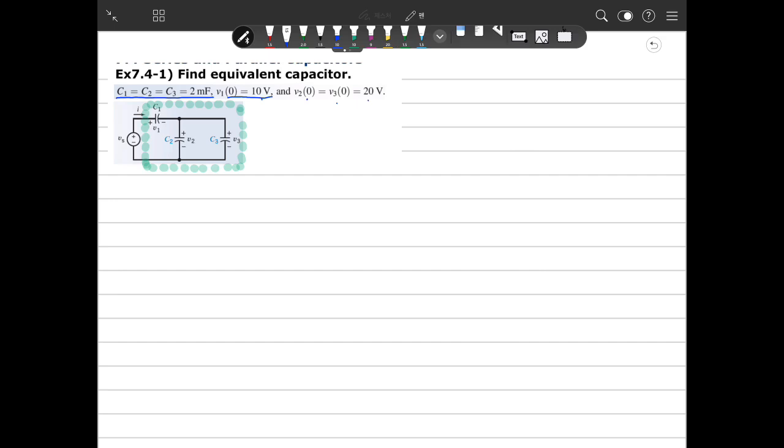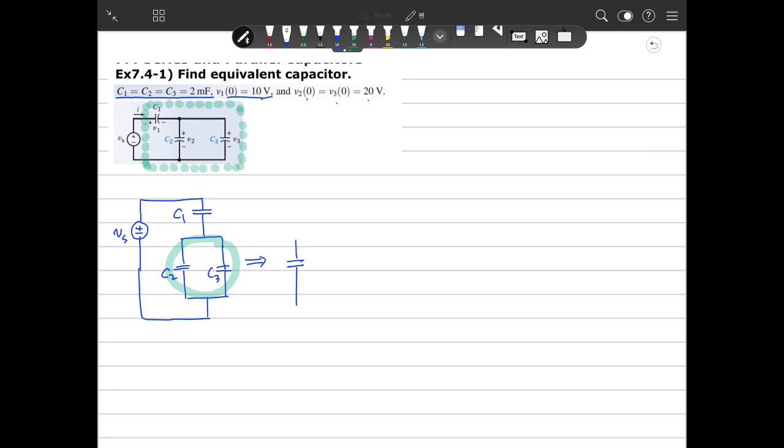As you see, this circuit can be redrawn as Vs and a capacitor here, a capacitor here, and a capacitor here. Actually, these are C1, C2, C3. Then we can make an equivalent single capacitor here.